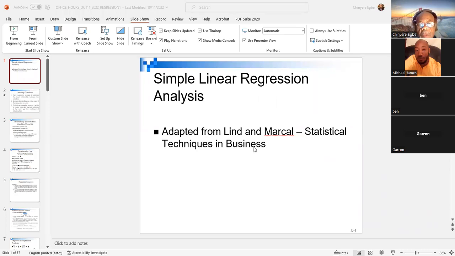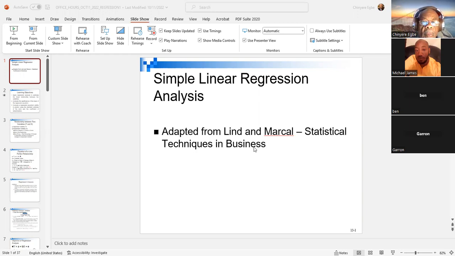And this is an introduction to simple linear regression. Before you ask me what is simple linear regression, regression analysis in general is a statistical procedure where we relate variables to others.